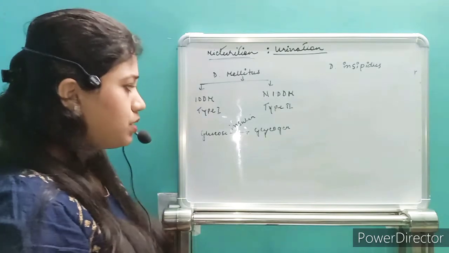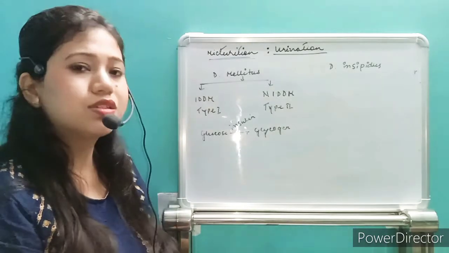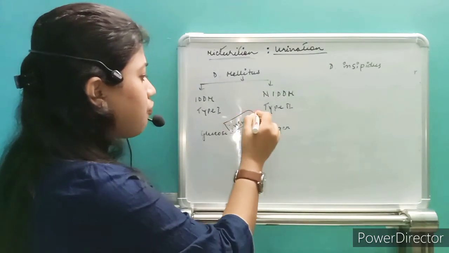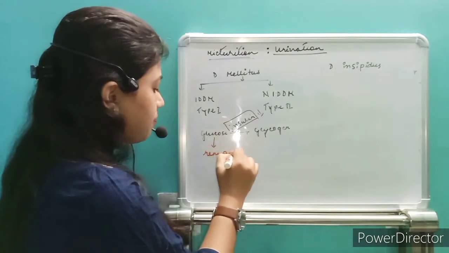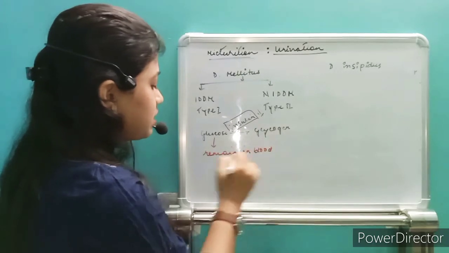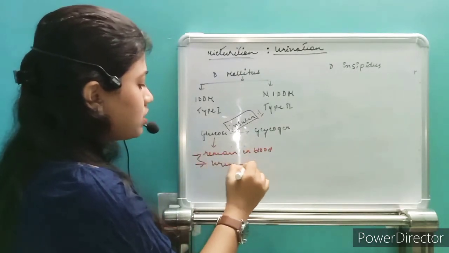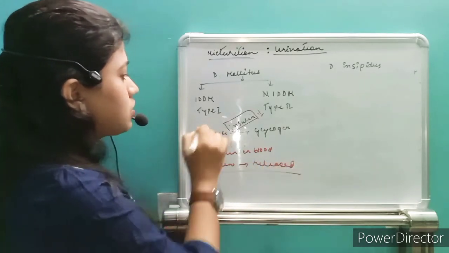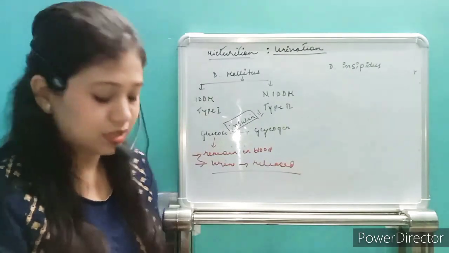This happens by insulin. If we cannot produce a sufficient amount of insulin, and its level falls, then glucose remains in the blood, so the blood will have a high glucose level, and with urine this glucose will be released outside. This condition is called IDDM, or insulin dependent diabetes mellitus.